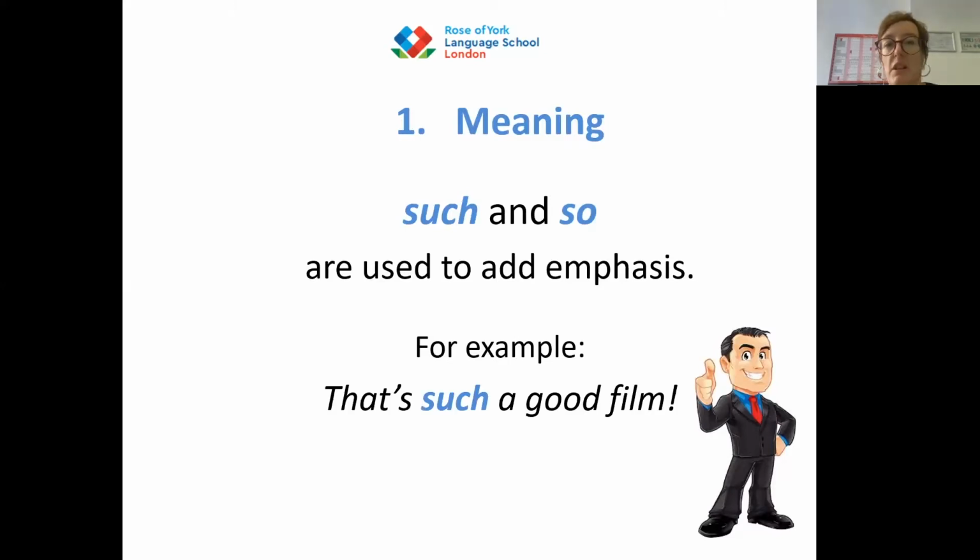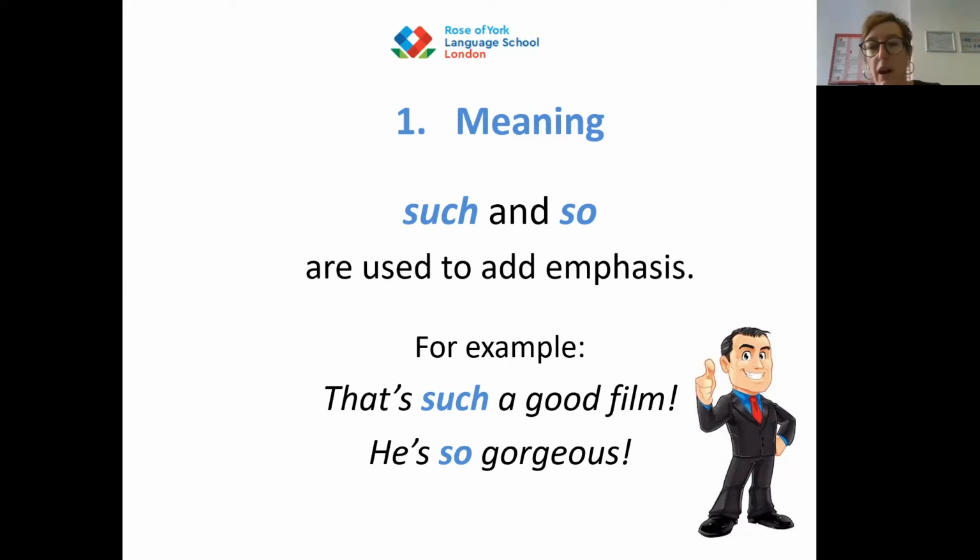Imagine you went to see a film last night and you say, oh, that's such a good film. Or if you want to talk about someone, you say, he's so gorgeous. Oh, she's so gorgeous. Now what do you hear happening in these two sentences? That's such a good film, or so gorgeous.